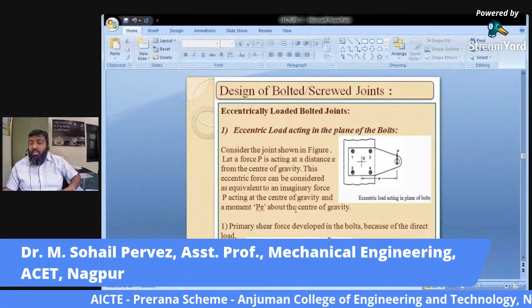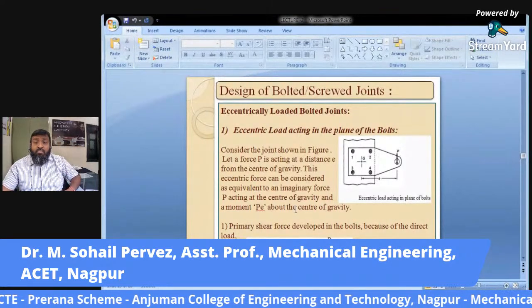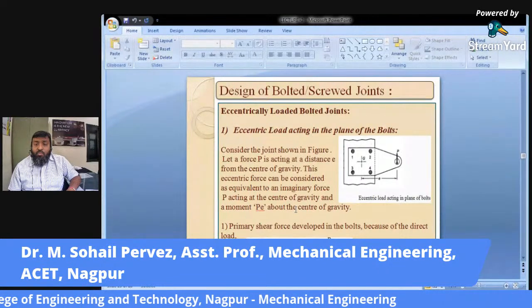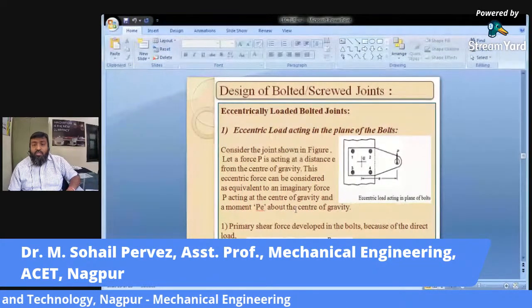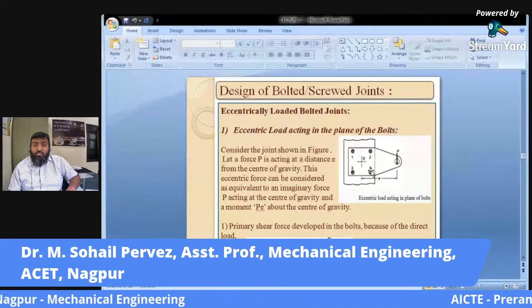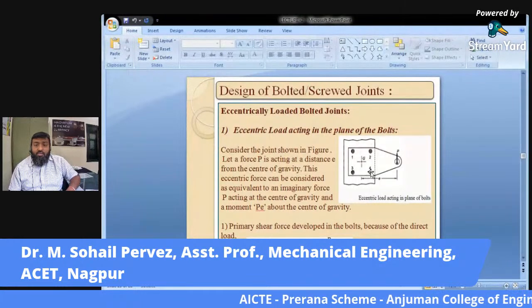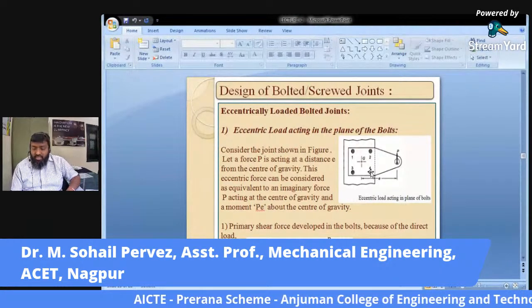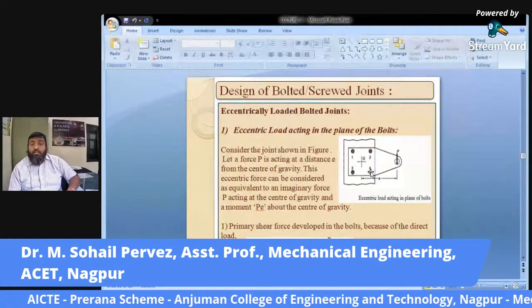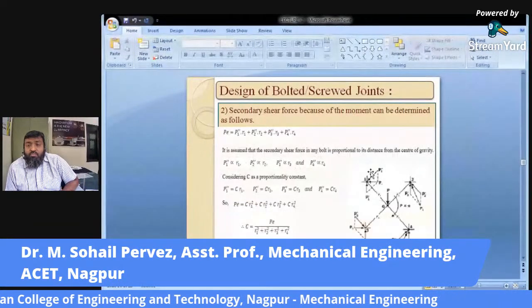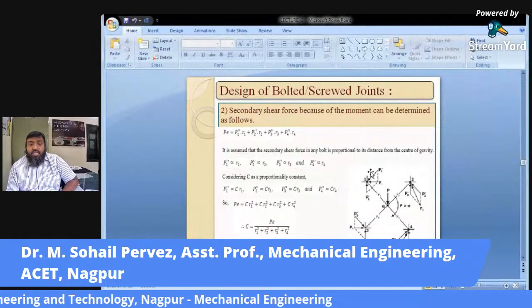That's why it is called in the plane of bolts. So all these four bolts, 1, 2, 3 and 4, will be subjected to primary shear force by virtue of their position, which will try to hold this particular plate. The secondary aspect is secondary shear force because of the moment, which can be determined as follows.